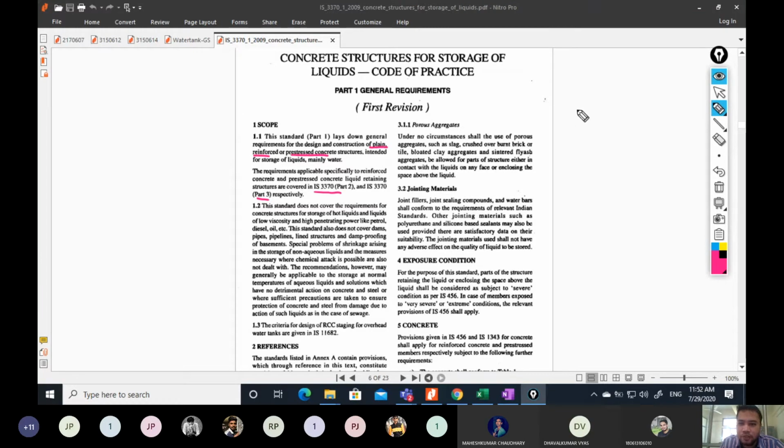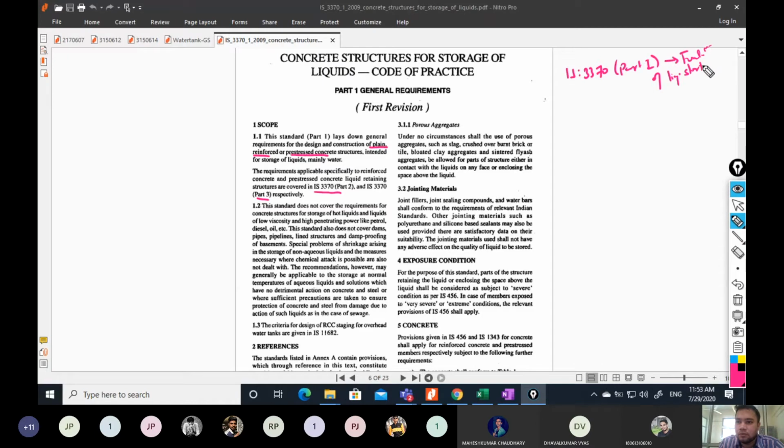So this Part 1 gives the fundamentals and some guidelines for the liquid storage tanks.